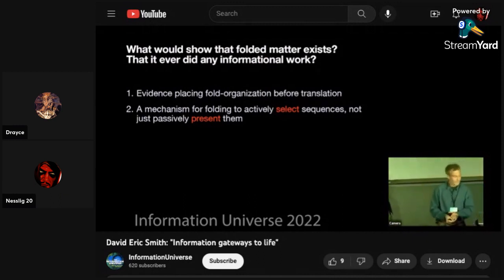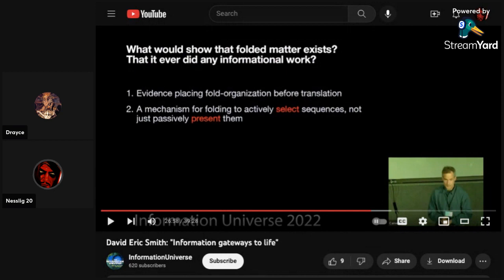Well, we would need evidence placing it before translation, which is when coding is expressed. And we would also need at least a putative mechanism by which folding could actively select sequences and not just passively present them. This is an important thing to show, that folding came before coding.